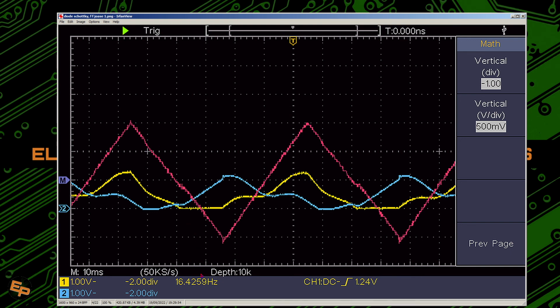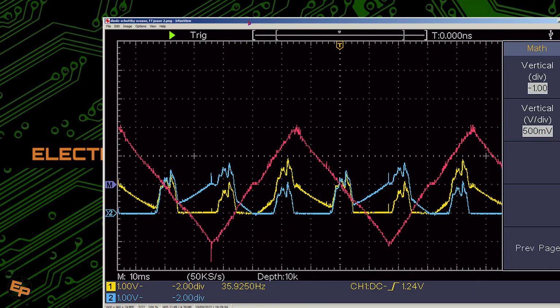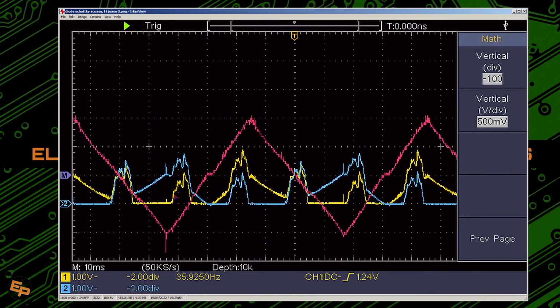So even if at lower frequencies the two voltages are a bit weird, they seem to be deformed, overall it's still okay because their difference is still what it's supposed to be. Now the same circuit with the Schottky diodes removed looks a bit like this at 35 hertz.